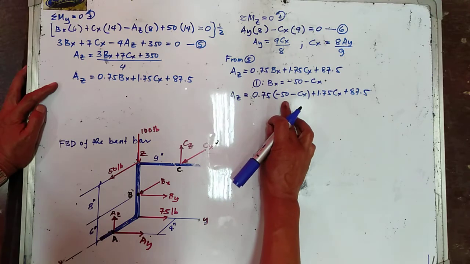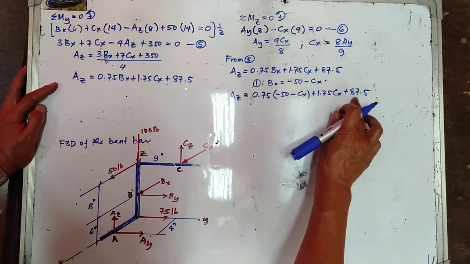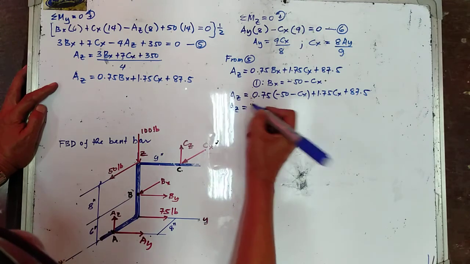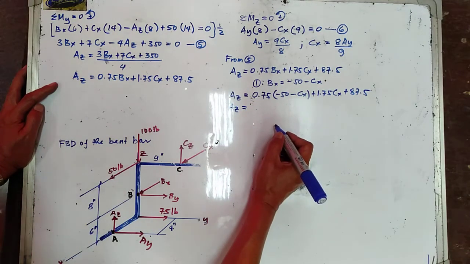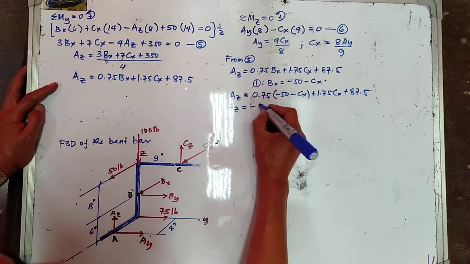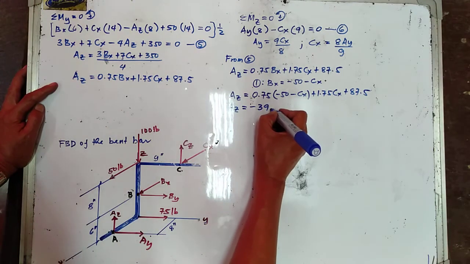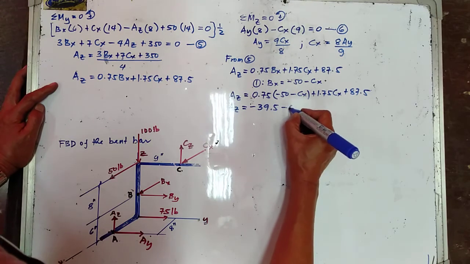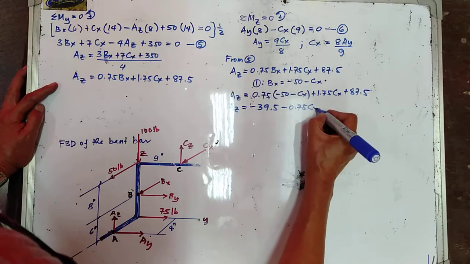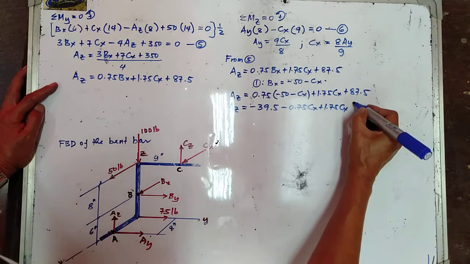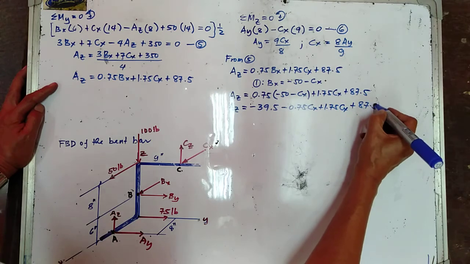0.75 by 50, so negative, plus 87.5. So your AZ is now equal to negative 37.5 minus 0.75 CX plus 1.75 CX plus 87.5.